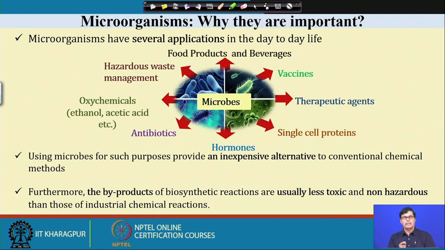Now, another interesting thing is how these organisms play an important role, because they can lead to different applications in our day-to-day life. For example, some organisms can be used for the production of food products and beverages.